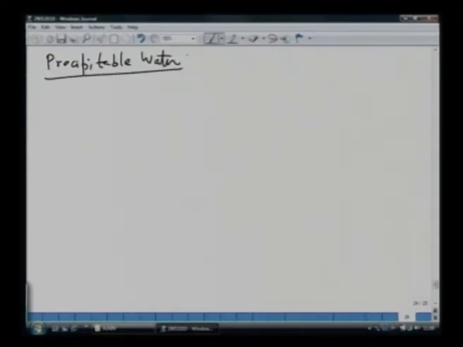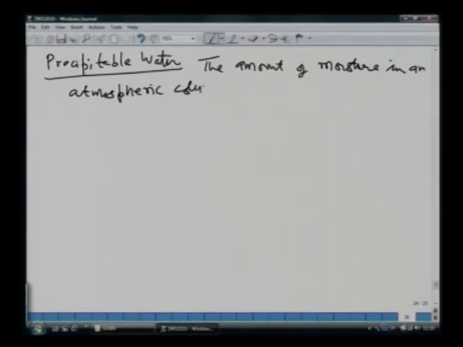In this atmospheric column, the amount of moisture in an atmospheric column, which we had just considered like a cylindrical column, is called the precipitable water.